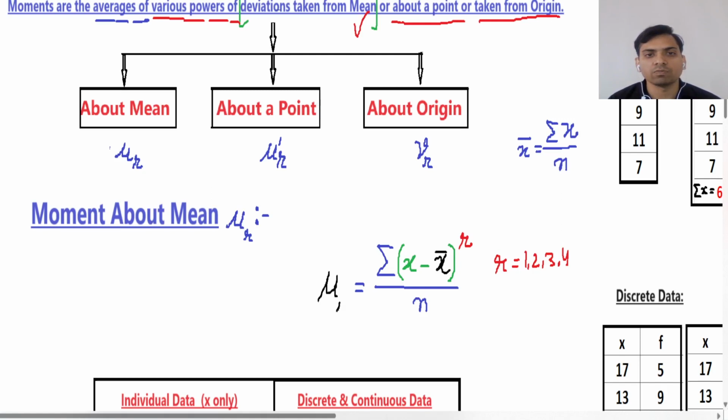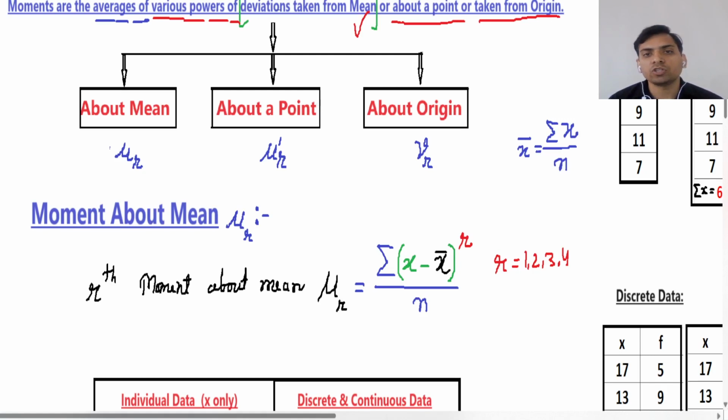This is known as moment about mean, and in general term this is rth moment about x bar, or we can say about mean. So this term is known as rth moment about mean.